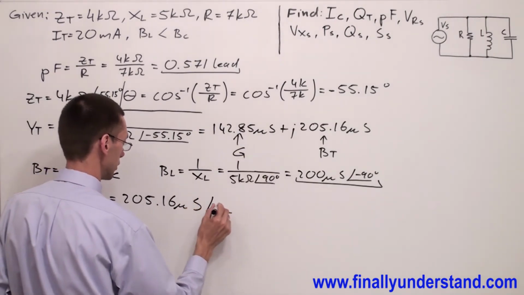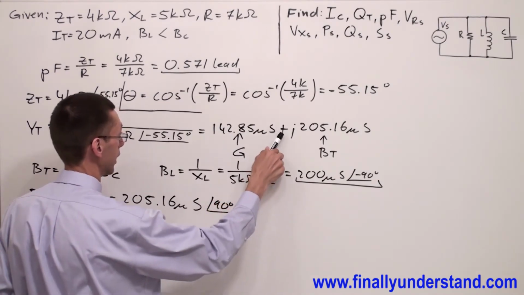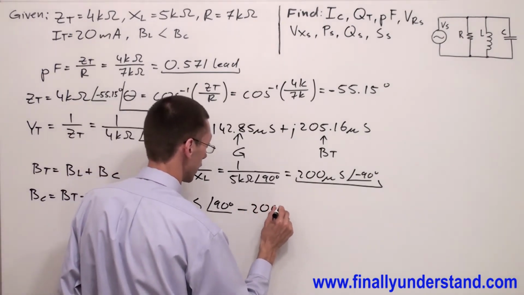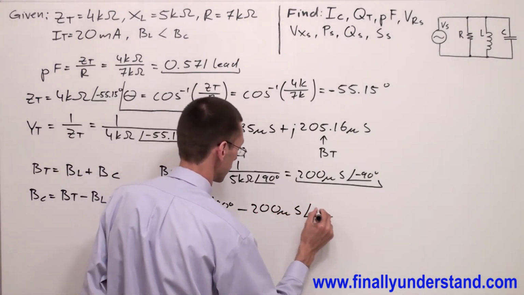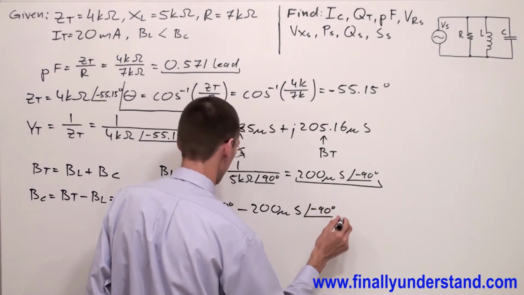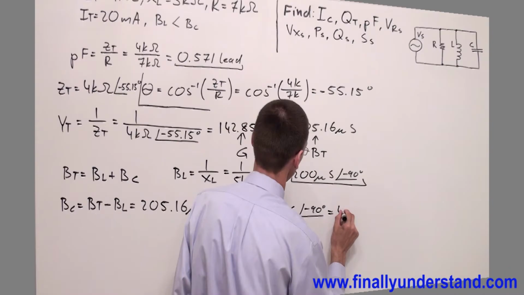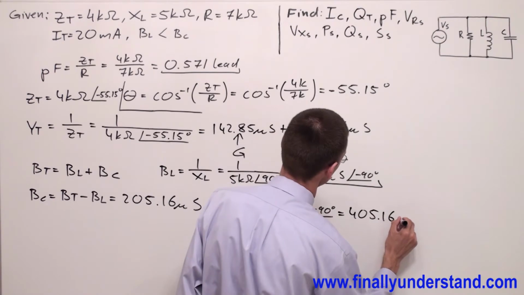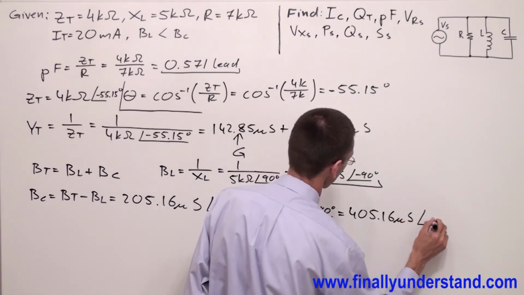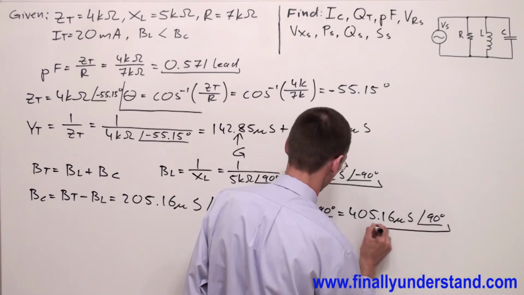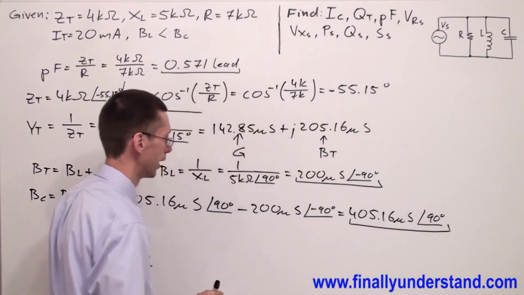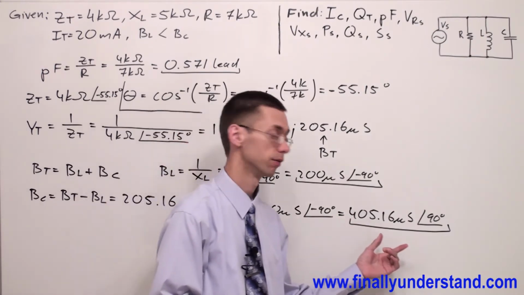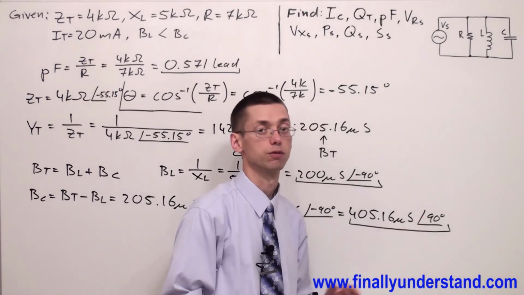And angle of 90 degrees, because I have positive j, minus BL, 200 microsiemens and angle of negative 90 degrees. This is equal to 405.16 microsiemens and angle of 90 degrees. Okay, so this is my BC. Keep in mind that capacitive susceptance is supposed to always be with angle of 90 degrees.